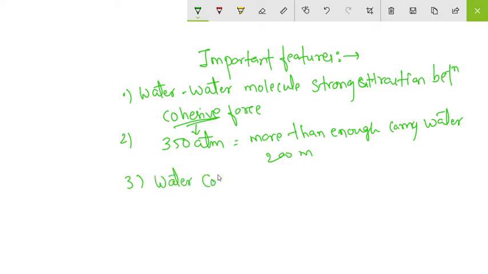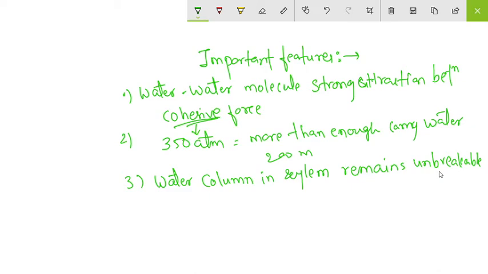The water column in the xylem remains unbreakable even though it is subject to many disturbances.